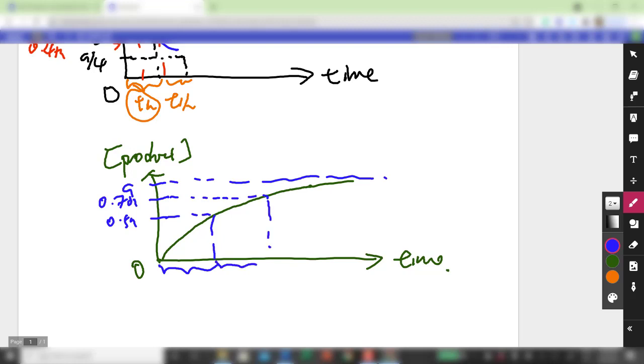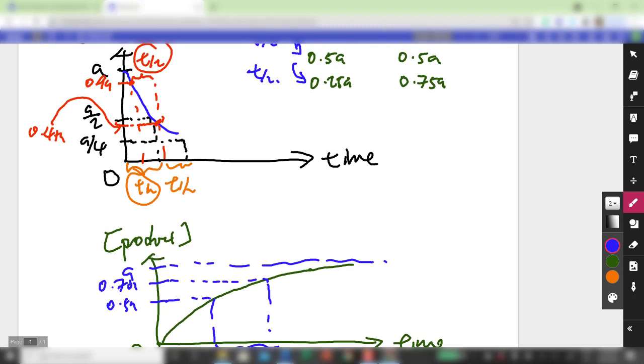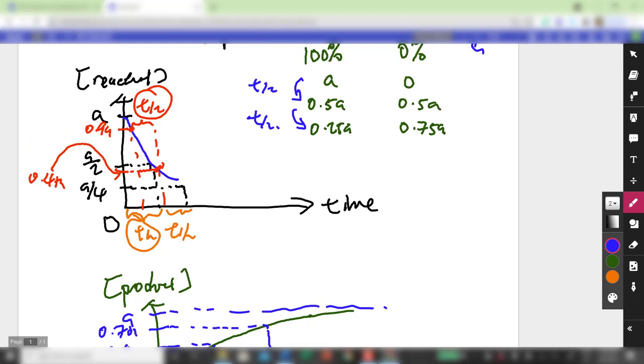So this will be the second t-half. First t-half, second t-half. If I can find these two values, then I will be able to find out whether it is first order kinetics or non-first order kinetics.